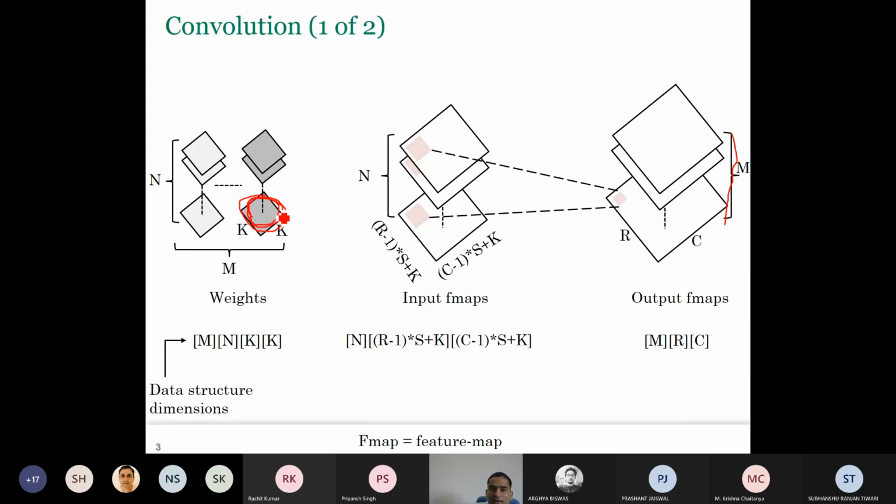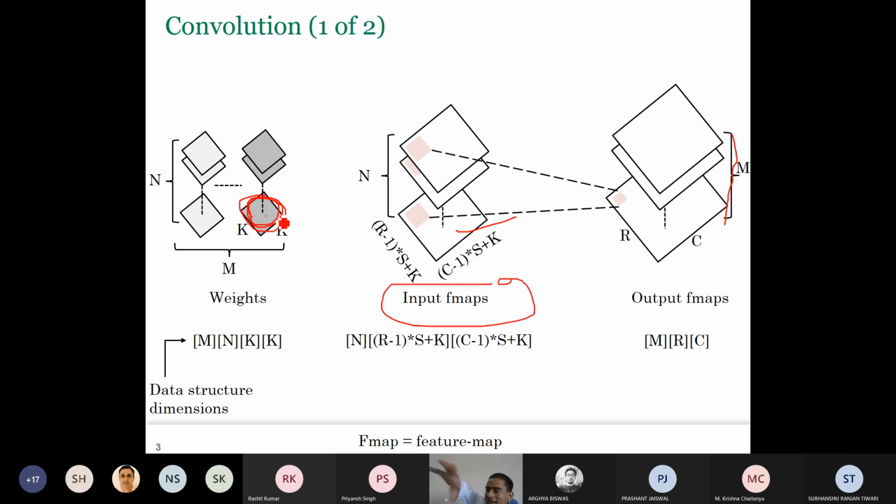So let us call it one kernel. This first kernel will revolve over the entire input feature map. Then the second kernel will come and be multiplied with the whole image. So now you can see the same input feature map is multiplied with the first kernel, second kernel, third kernel, fourth kernel, and so on. That's why there's a lot of reuse of input feature maps.